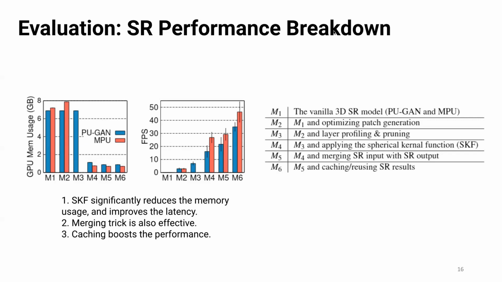SKF significantly reduces the memory usage, as you can see in the left figure, and improves the latency and the FPS a lot. The merging tree is also quite effective, and caching boosts the FPS a lot.